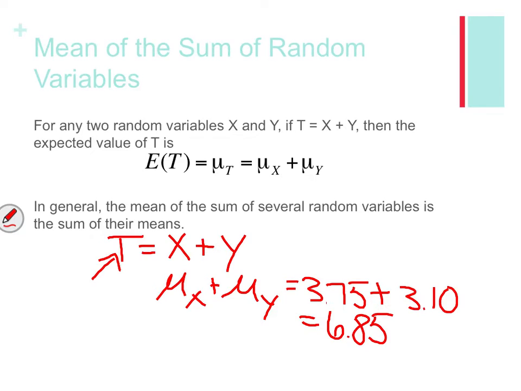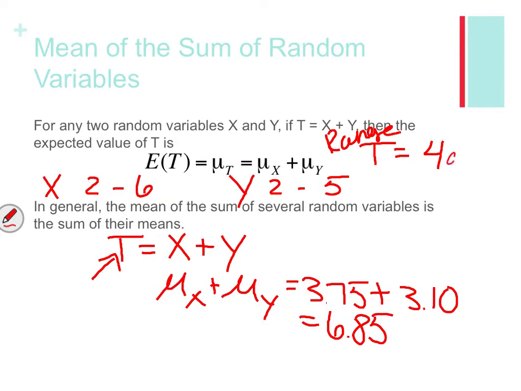So the range of T would be 7, right? If X is between 2 and 6, and Y between 2 and 5, the range for T would be between 4 and 11.